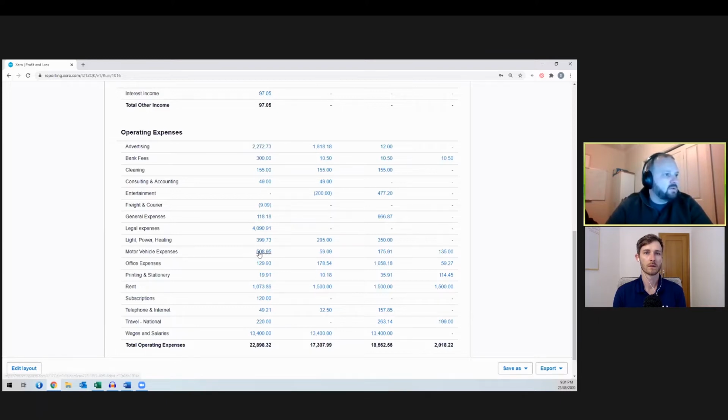One thing that used to be broken down but isn't anymore is motor vehicle expenses. People used to break it down into fuel, rego, insurance, but I don't think there's a need for that anymore. Generally the need varies from business to business. So if I'm spending up big on advertising, maybe that's an area I should put a bit more attention into and make sure I'm hitting what I think it is.